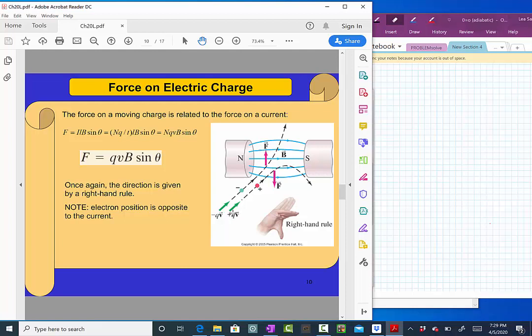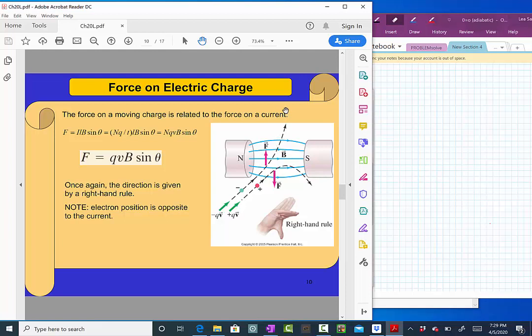So our positive charge, once it gets into this region of the magnetic field, feels a force pointing down, so it gets deflected down. The negative charge, once it reaches the region of the magnetic field, feels a force in the opposite direction, pointing up, so it will be deflected up. This is for the direction.